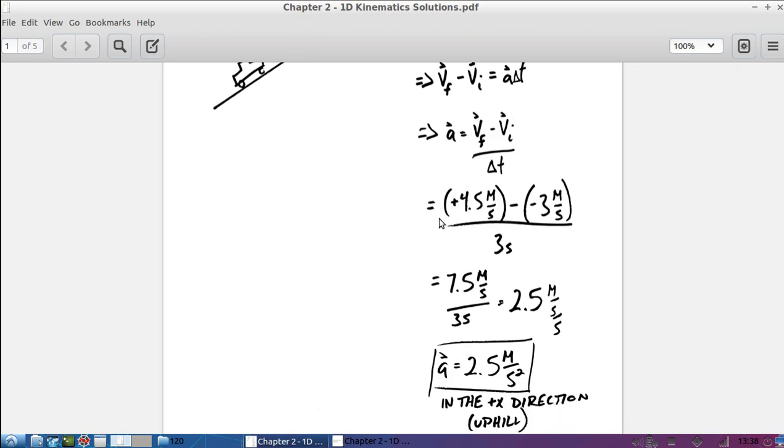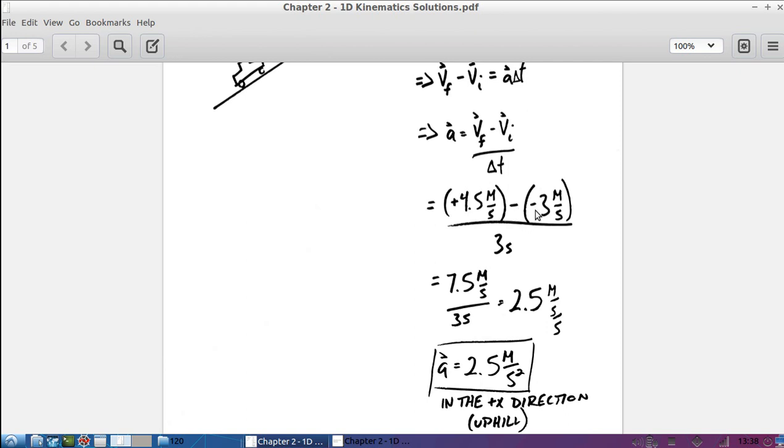So when I substitute my values in, again, I like to get into the habit of substituting my units, because I'm going to check my result in units and make sure that they combine to become the units of the quantity I'm looking for. So for acceleration, I've got v final, which is positive, minus negative 3 meters per second.